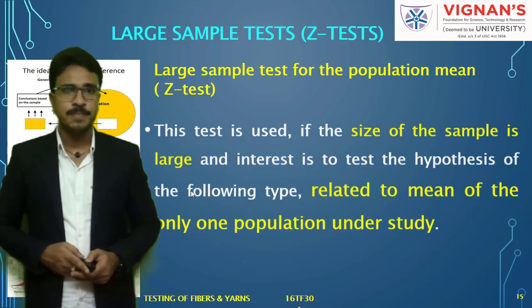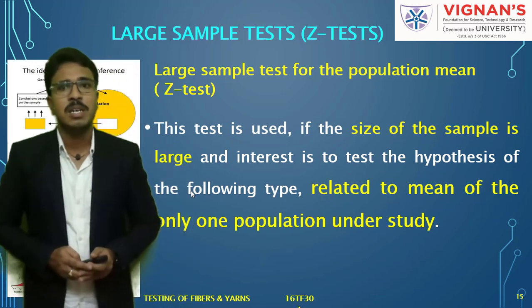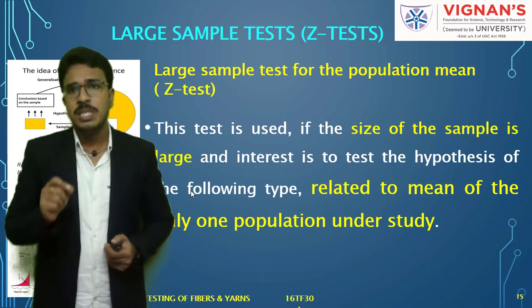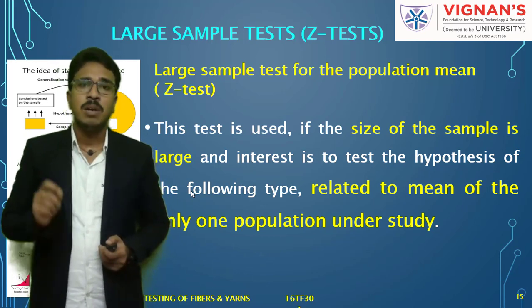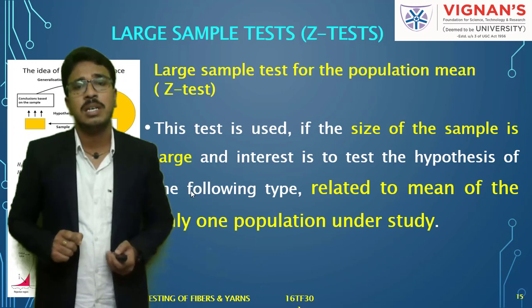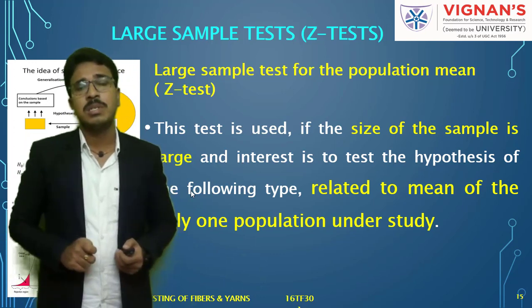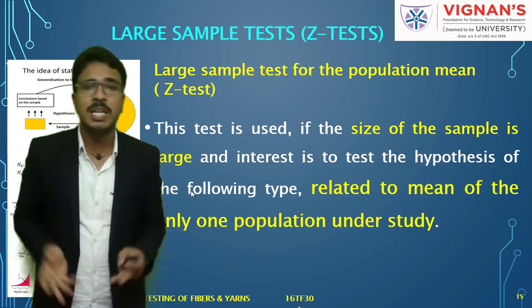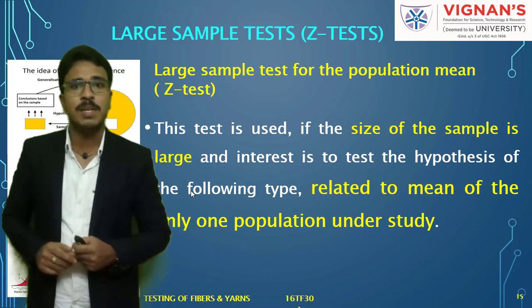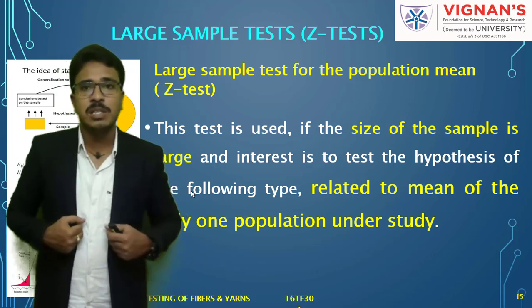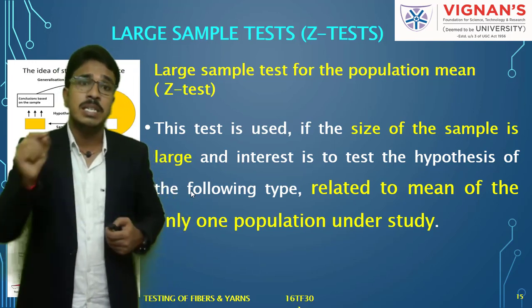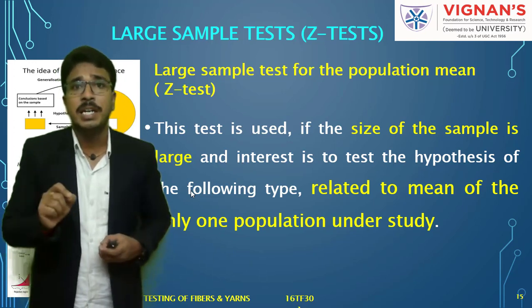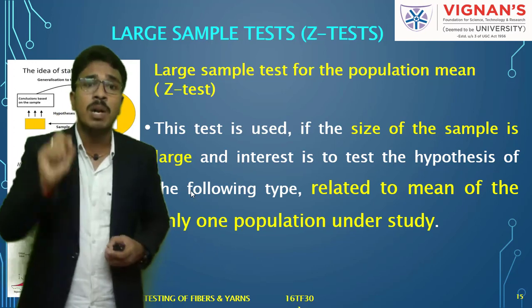Okay, now first we need to understand at what criteria we need to use this Z test. This test is used if the sample size is more than 30, that is a large sample, and our interest is to test the hypothesis related to the mean of only one population.